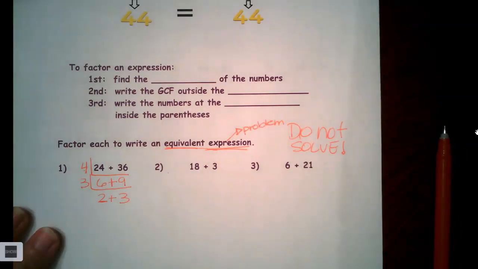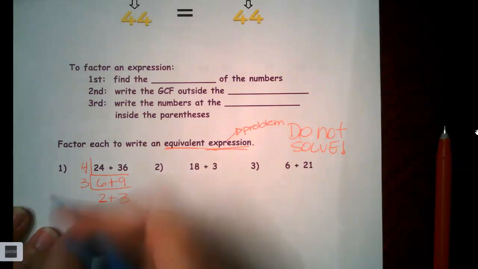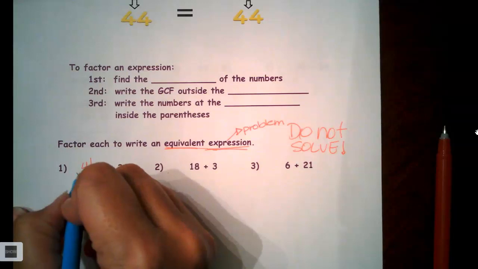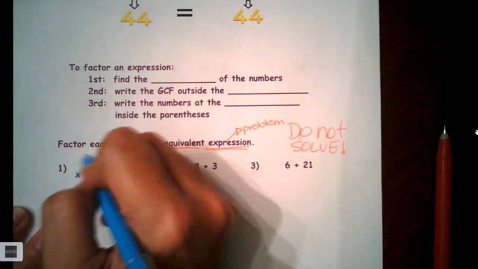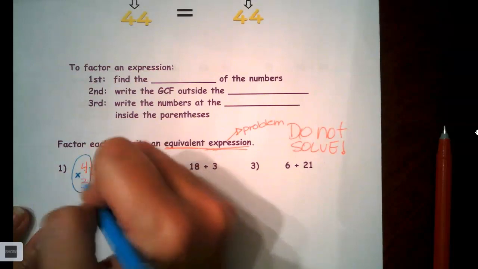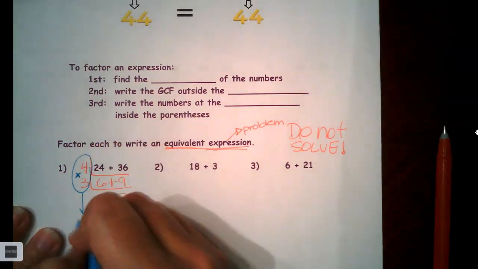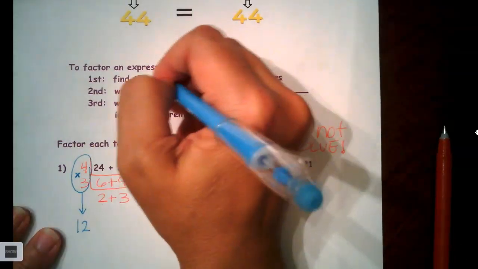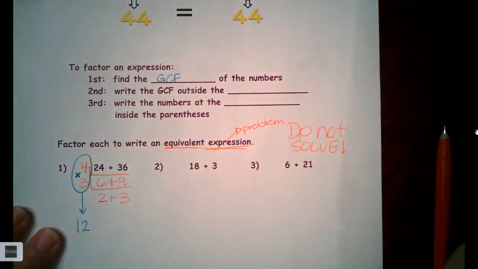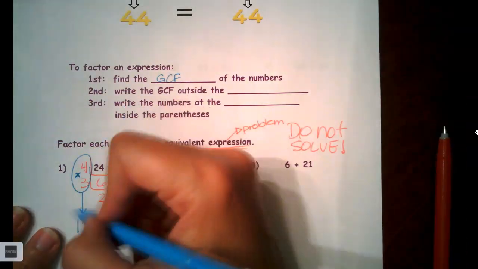And the GCF is on the left. Made a little chant about that. So what you have to remember, though, is you're going to multiply the numbers on the left. So 4 times 3 is 12. All right, so we're going to find the GCF of the numbers. Now, we did that.